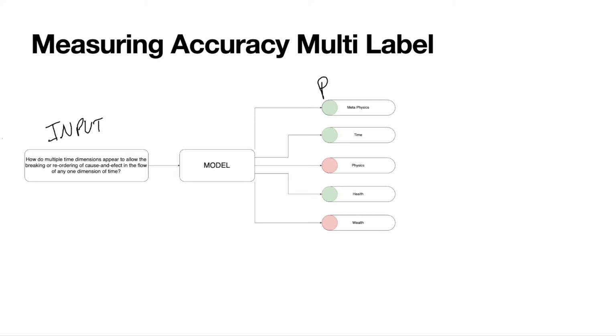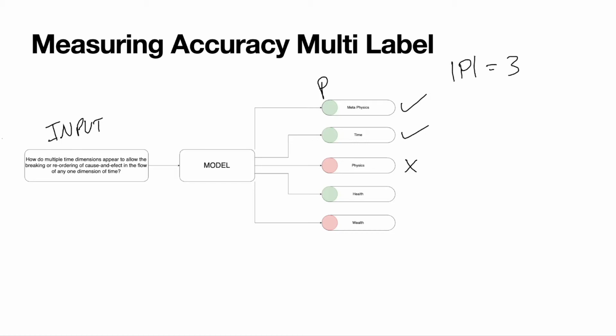metaphysics, time, and health to be the predicted values. So we can actually see that the total number of predicted values is 3 here. And let's say that we get metaphysics correct, time correct, but physics was incorrectly classified, so we got physics wrong, and the rest are incorrect.